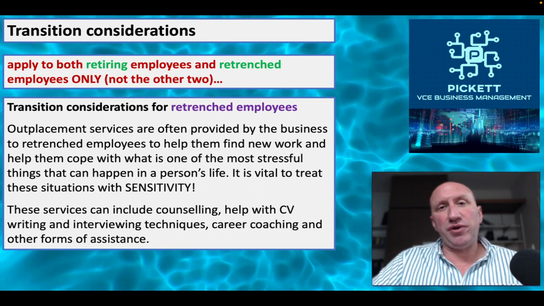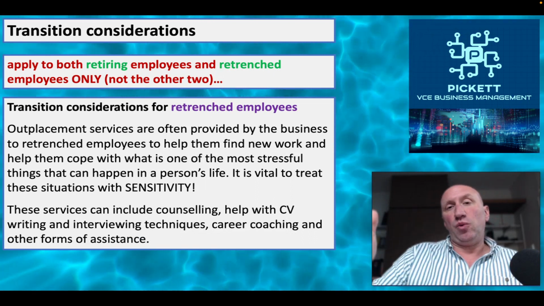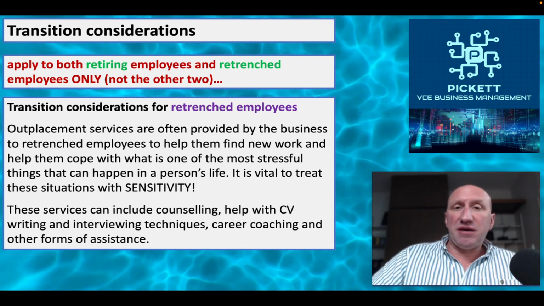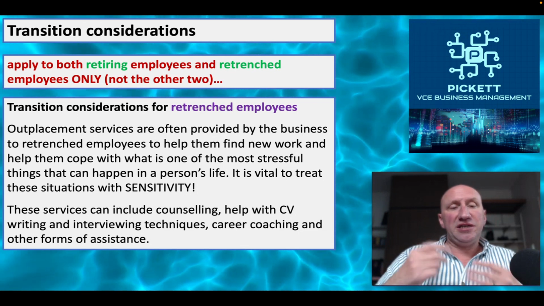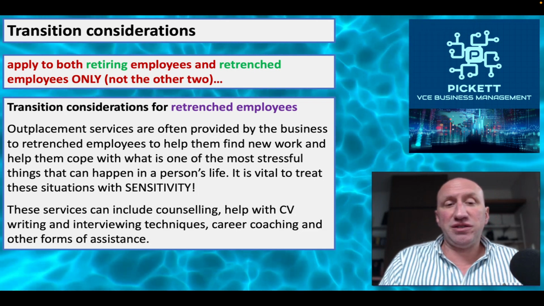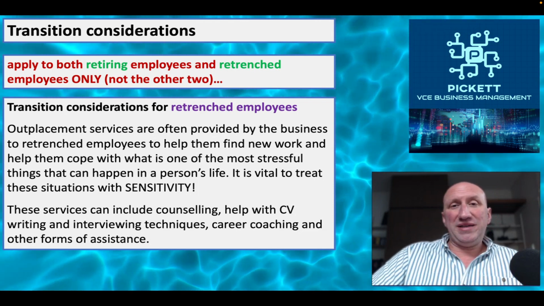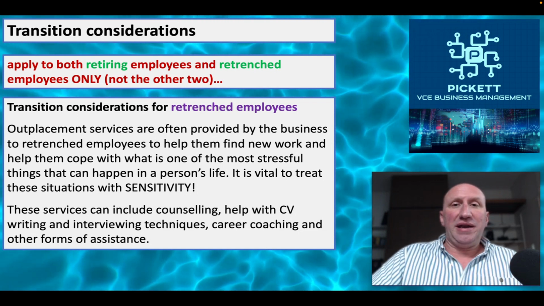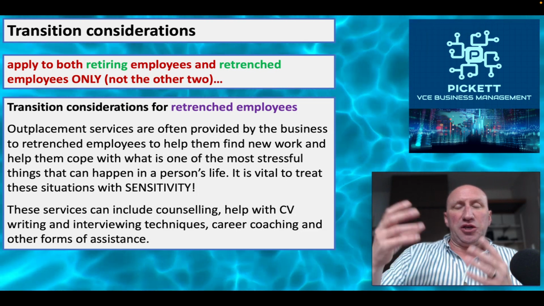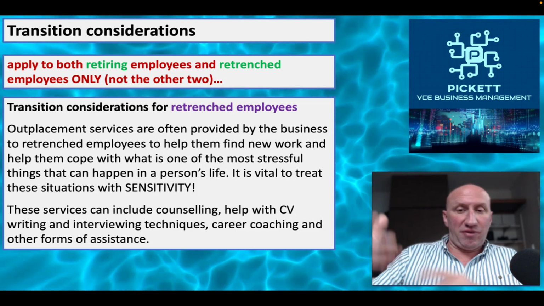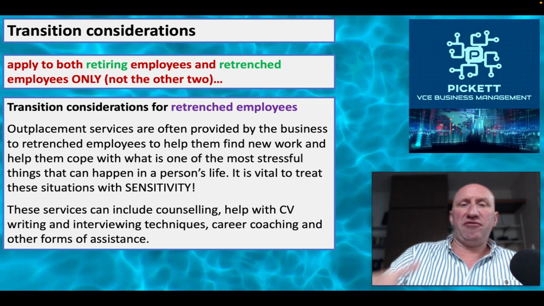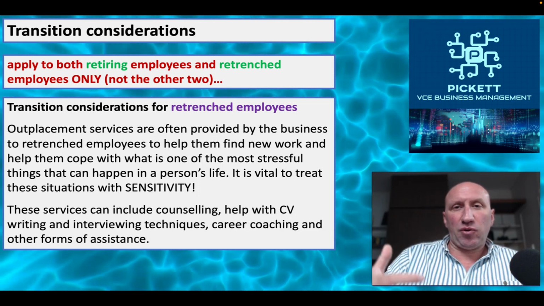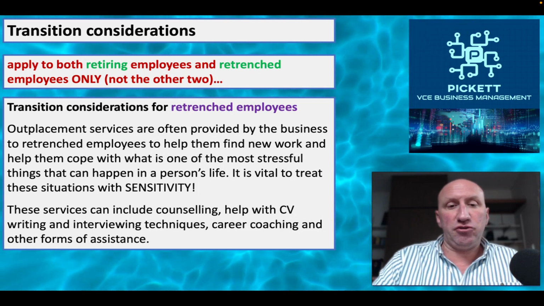Now, for retrenched employees, or employees who you're making redundant, one of the ways you can demonstrate social responsibility and apply these transition considerations is by offering what we call outplacement services. Outplacement services is where you put them in touch with another business that provides these services, and the idea is the outplacement service provider helps the retrenched employees find a new job.